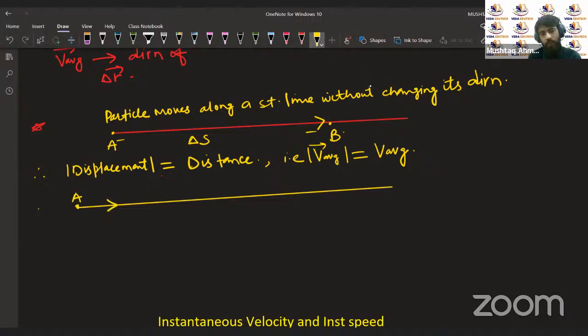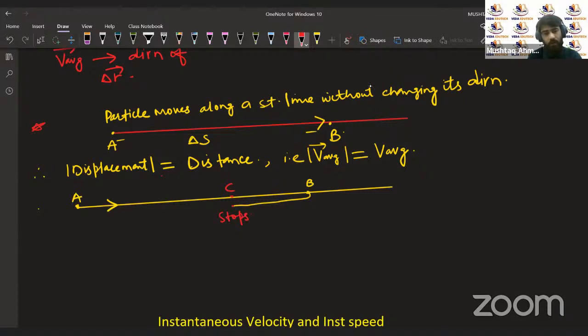But after some time, let's suppose at point B, the particle reverses its direction, comes back, and stops at point C, right?